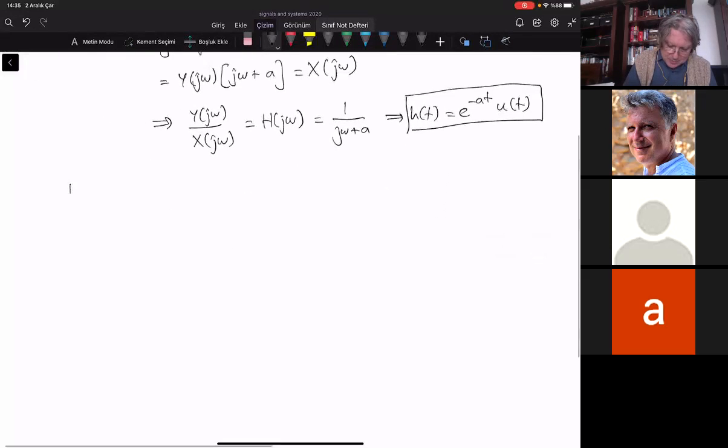Another example. Of course, sometimes they tend to be a little bit more difficult, but nonetheless, it's all manageable. You can always come up with h of j omega at least. You can find it.